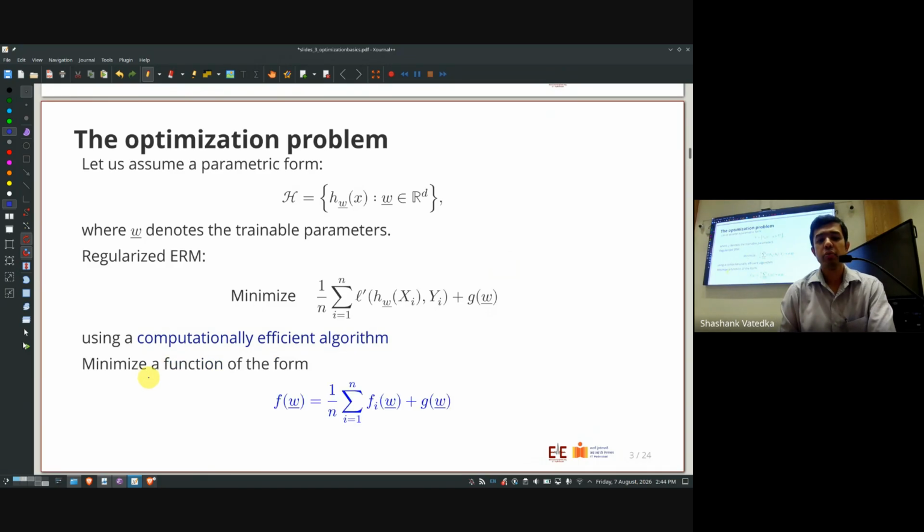So basically, we want to minimize a function of the form f of W, which is 1 over n summation i equal to 1 to n of f_i of W plus some G of W. That's the specific form that this optimization problem takes in the context of regularized empirical risk minimization. Right? And that's the problem that we want to solve. So given an optimization problem, we don't have any other information about this.